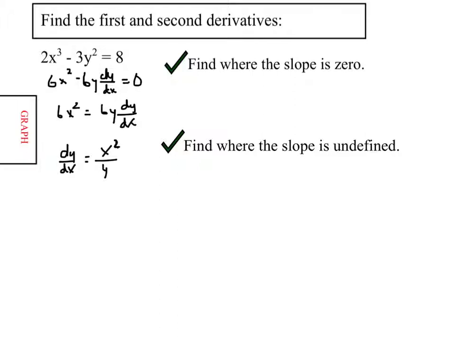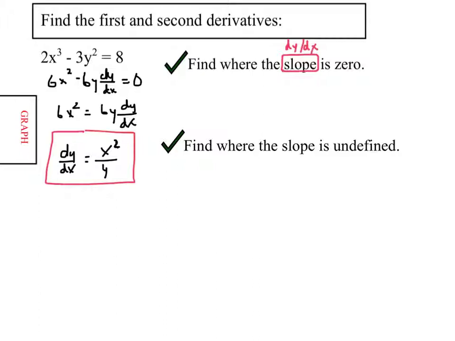Okay. Now, I'm going to go back and find the second derivative in a few minutes, but let me just start by doing some analysis with this. Find where the slope is 0. Well, the slope, of course, means derivative. This means dy/dx is 0.